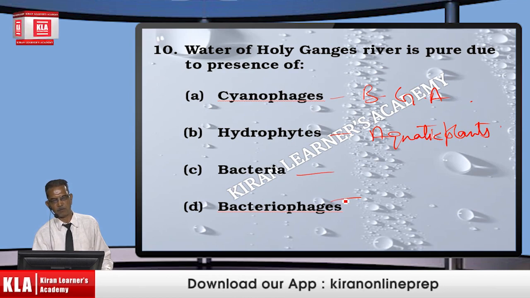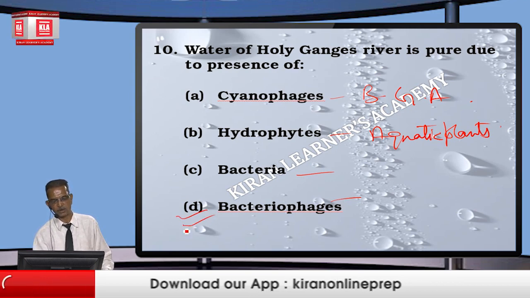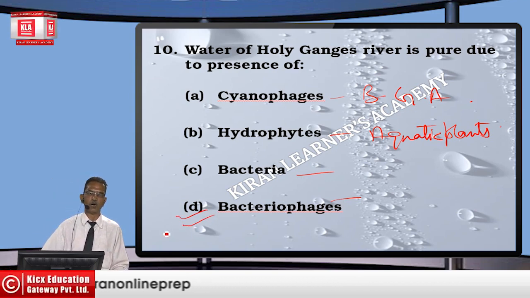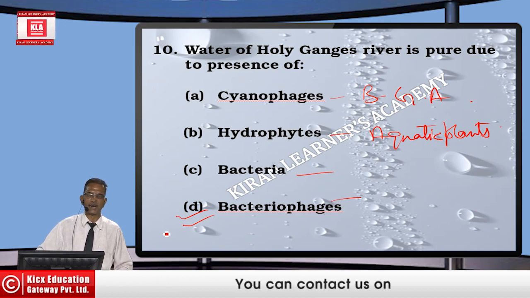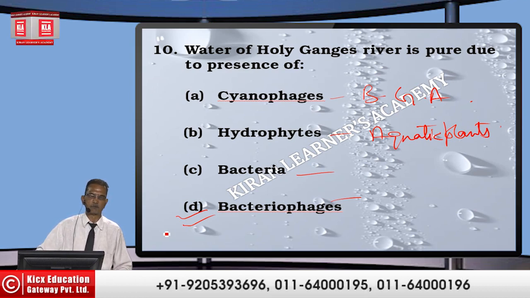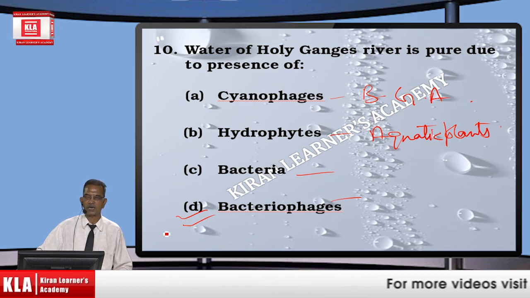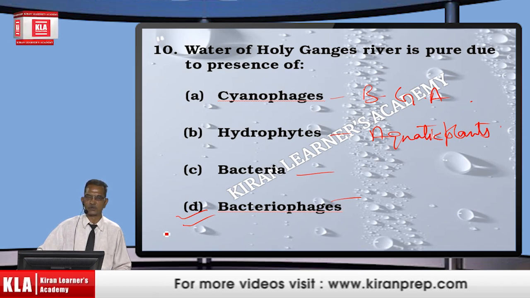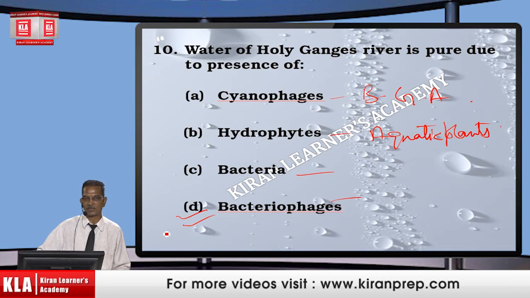Actually, the water of the Ganges is holy, is fresh, because of the presence of these bacteriophages. Because these bacteriophages are in the water, they kill the bacteria, irrespective of whether those bacteria are useful or harmful to mankind. But these bacteria are being killed by the bacteriophages present in the Ganges water. And hence the Ganges water remains fresh and pure without getting spoiled early.